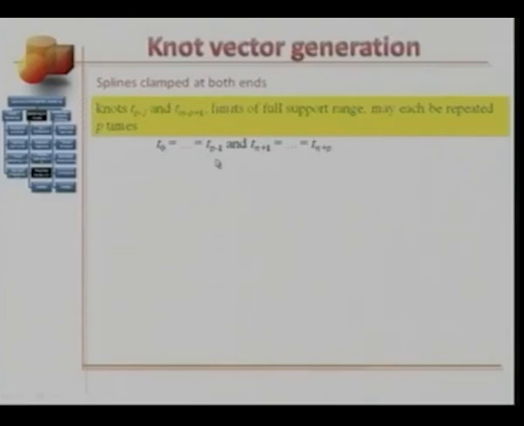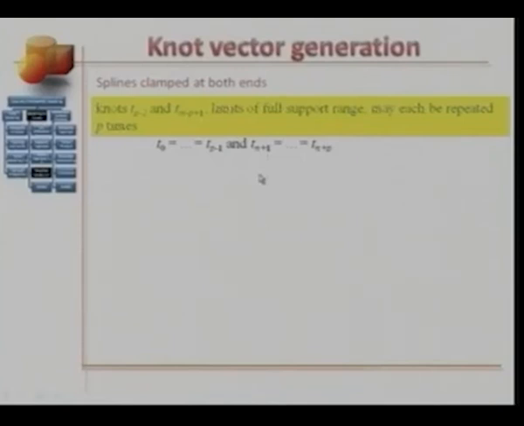So these are the first p knots which are equal, and Tn plus 1 equals Tn plus 2 equals Tn plus 3 up till Tn plus p. These are the last p knots which are equal. Note that n will be equal to m minus p. Okay, so here we have determined p plus p, 2p knots in total. So this would correspond to a free choice for me, and again this would correspond to another free choice.